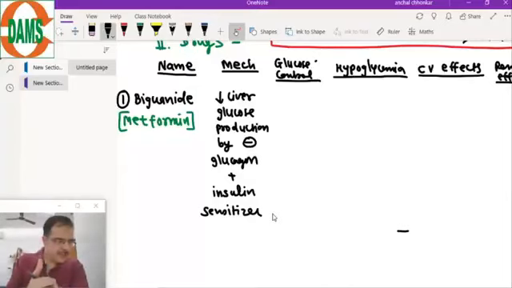Insulin resistance points to increased postprandial sugars. Very simple. When someone eats food, insulin is released, and if insulin is not working, then the food that the person has eaten will manifest in the form of increased postprandial sugars.